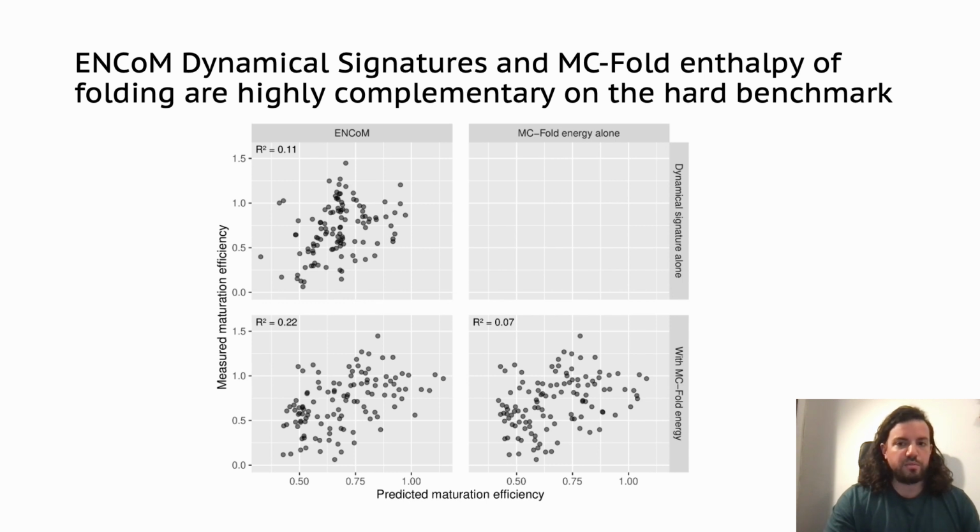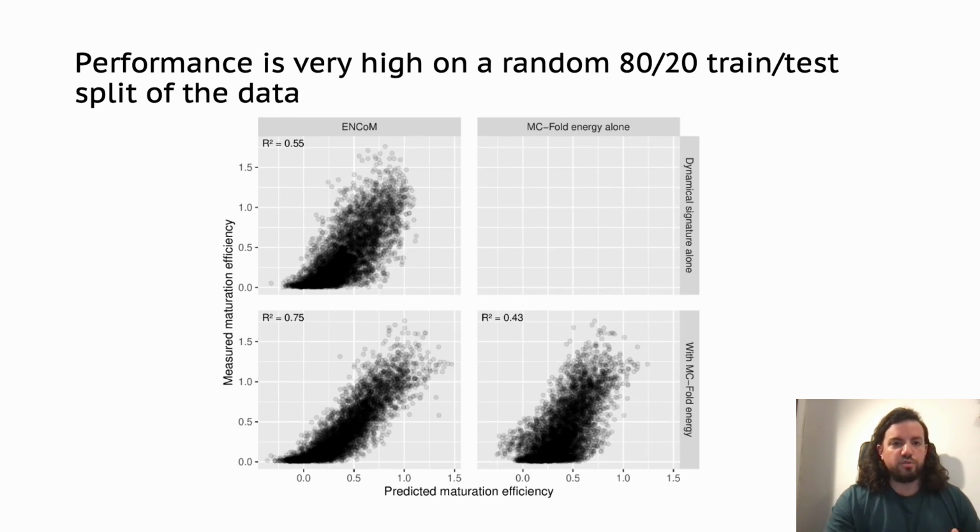The performance might be modest, but when we do a standard 80-20 train test split of the data, the performance is really high, highlighting that dynamics are important, and that's what the hard benchmark is capturing. But there are also maybe some sequence patterns that the model can capture in addition to dynamics, since it's sensitive to sequence.